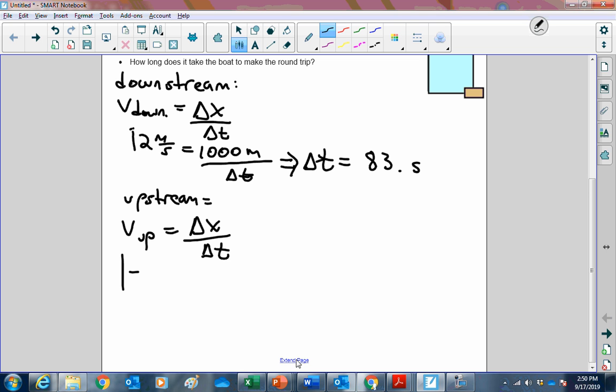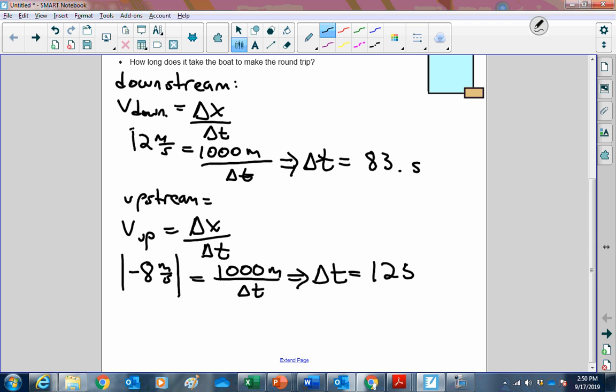So I'm going to take the absolute value here. When I do 1,000 over 8, I get a much larger time. So the total time added up would be the sum of those two, or about 208 seconds.